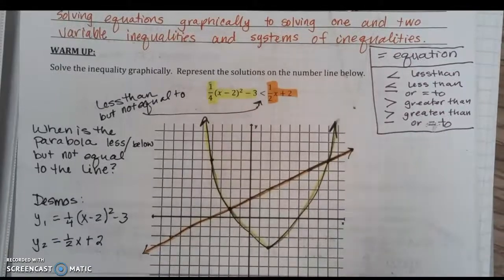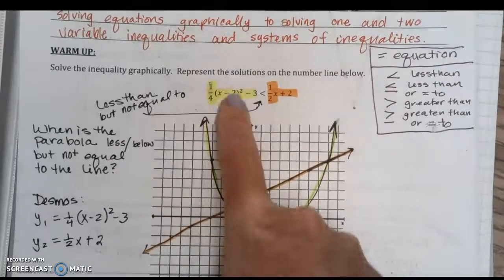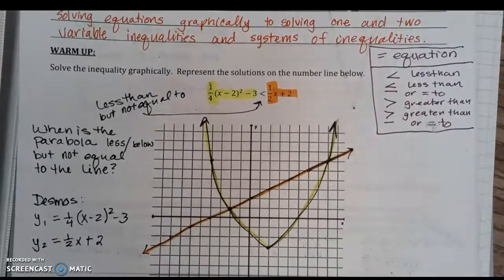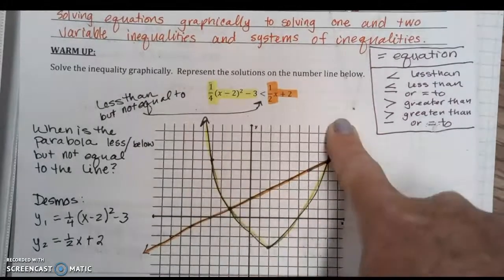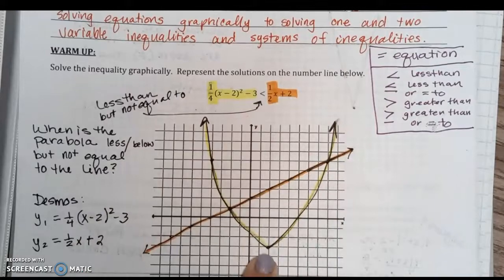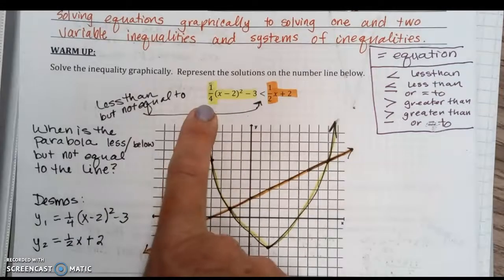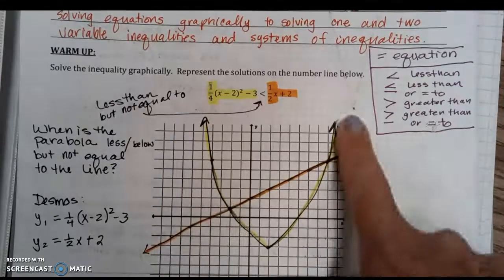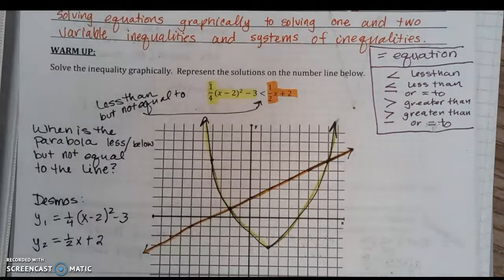The yellow has a square in it, so that's going to be our parabola. So our parabola is graphed here, has a shift 2 to the right and down 3, and then it has a compression of 1/4, so it's a little wider than the parent.